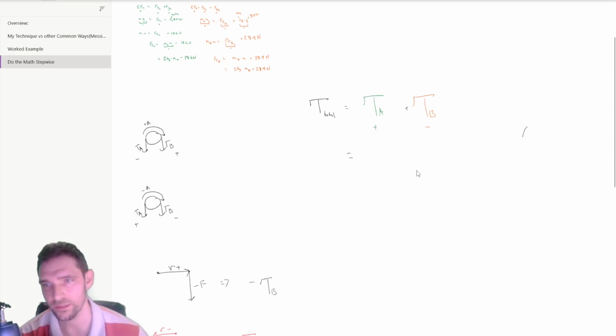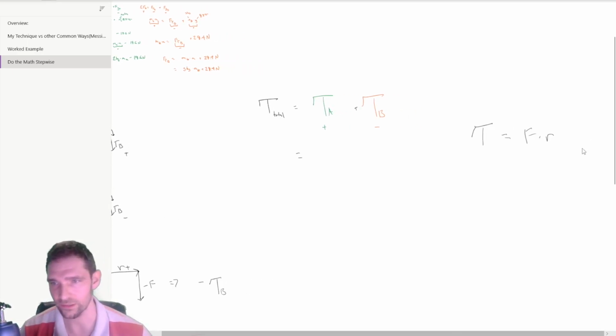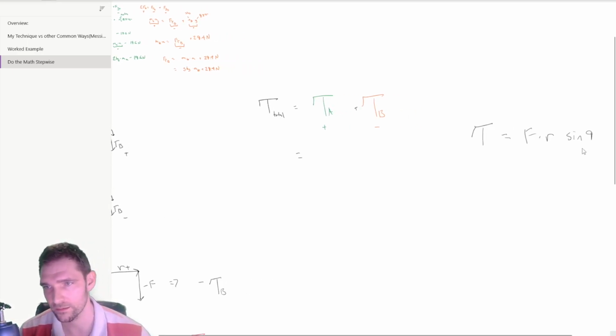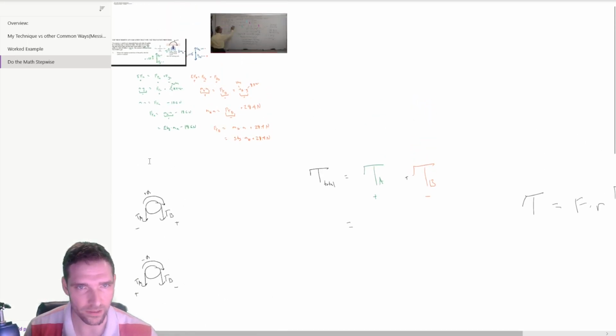So any torque could be considered the force times the radius times the sine or cosine. But because these are at a 90-degree angle, you could drop that, because that whole thing has a value of 1. We can see the torques are 90 degrees from a radius in the context of this problem.